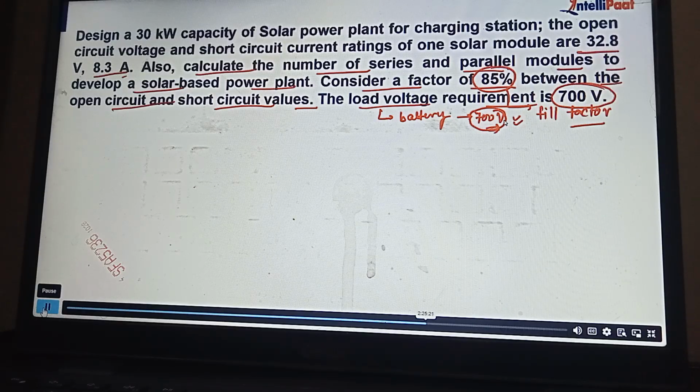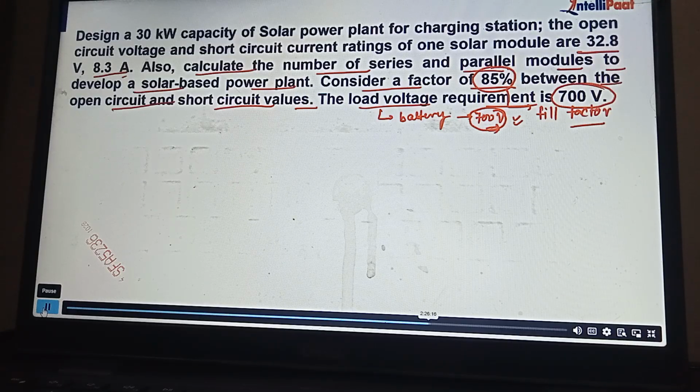Can you solve it? First, try to write what are the parameters which are given in this question. Anyone? 30 kilowatt on 32.8 voltage.